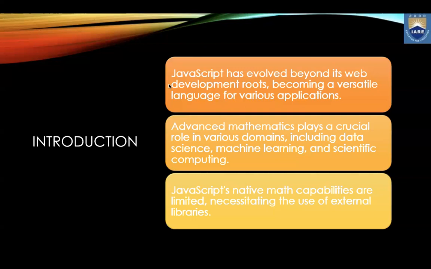So math.js is a JavaScript library that brings advanced mathematics to the web browser and server. We are going to discuss a case study in this tech talk, demonstrating the case study of rocket trajectory and how to optimize it.